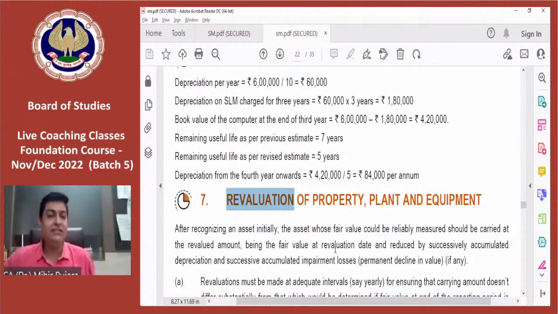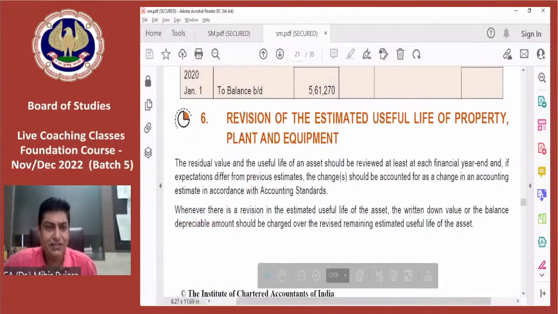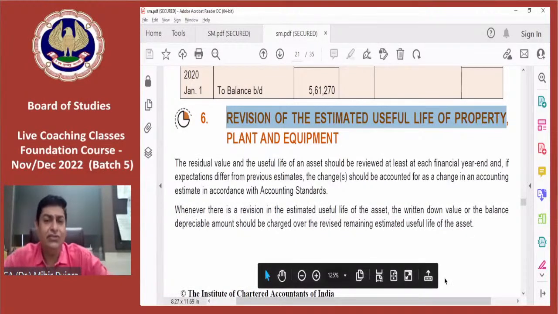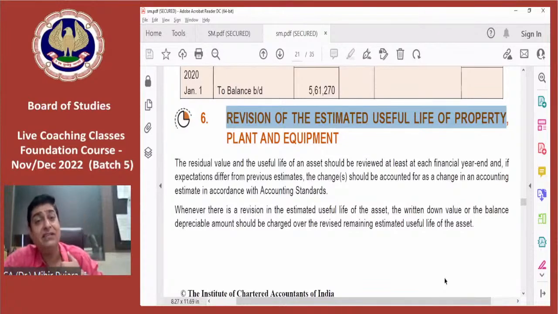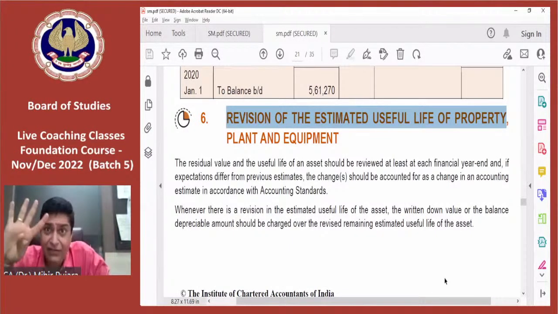Okay. Now what is this? Guys, this is change in estimate. Revision of the estimated useful life of property. So, when we purchase the asset, we assume that this asset will run for 10 years. But after, say, for example, 6 years, we realize that this asset now has a remaining life of 4 years. 10-year original estimate, 6 years passed.